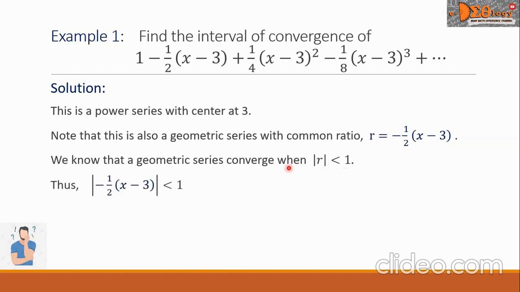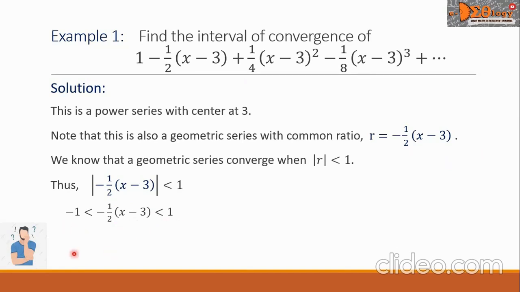Thus, we're going to copy this value of r in here, and then let us represent this in terms of double inequality. And it will be like this. So the common ratio is between negative 1 and positive 1.